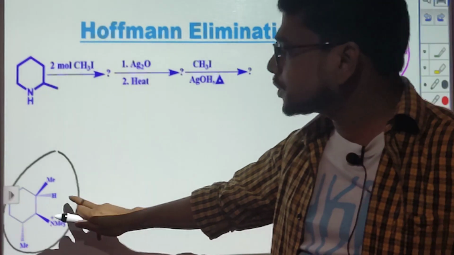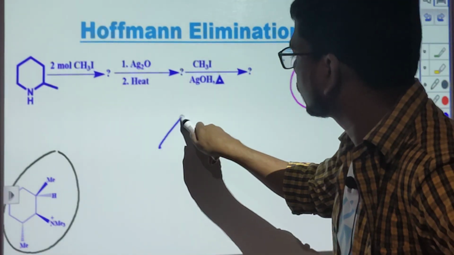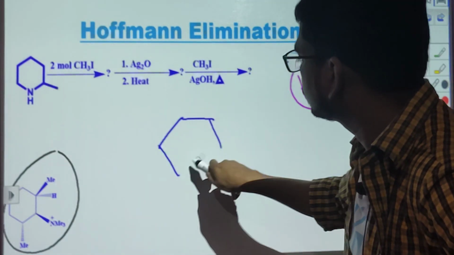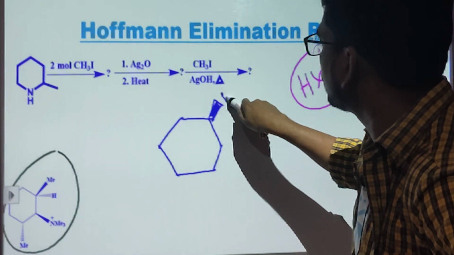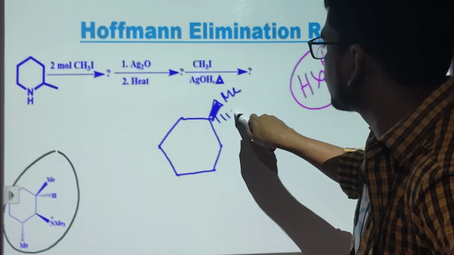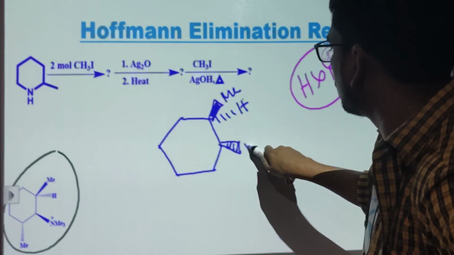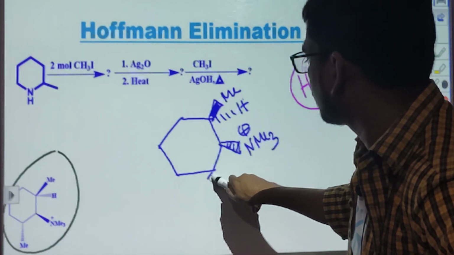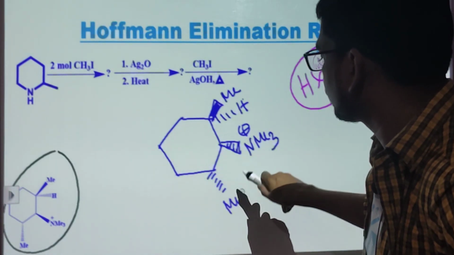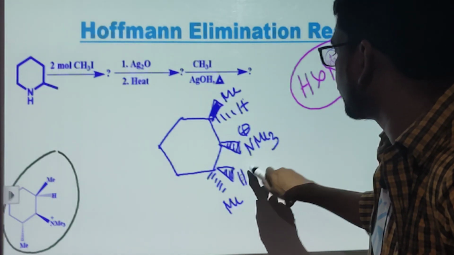So here, look at this structure. I will draw the structure again for you: Me, OH, H dash, NMe3 OH, and here Me dash, so H must be on OH.